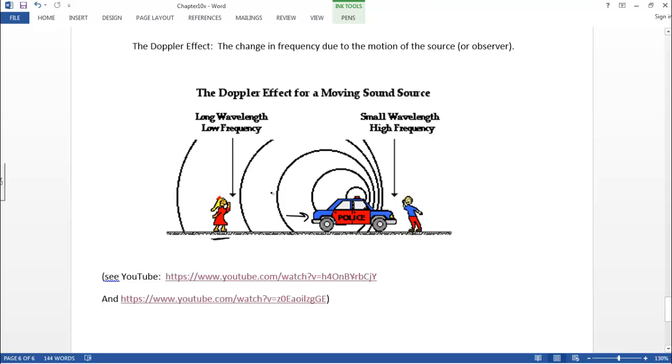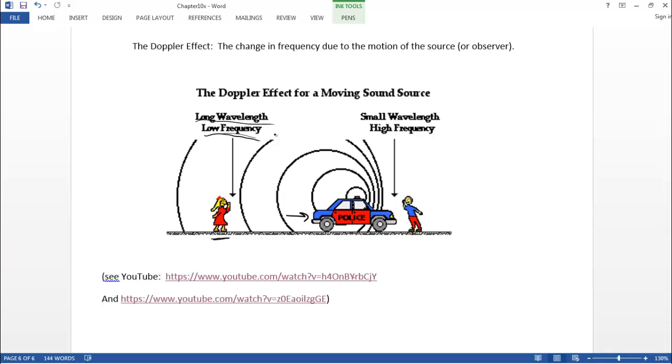That takes longer for each wave to reach the lady. And so that makes for a lower frequency, longer wavelengths. Remember, wavelengths and frequency are kind of opposites. So really big waves make for low frequencies, slower up and down motion. Well, sound waves, so compressed and expanded regions.